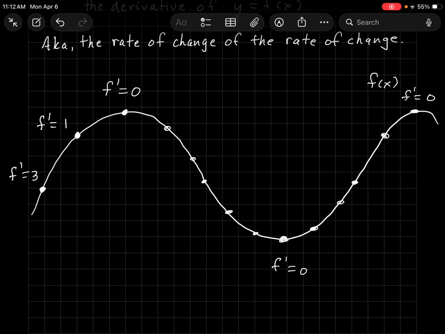And then I'm going to plot some values over here, and again, I don't need to be correct, but just kind of relatively correct. Let's see if you agree with my values as I write them. Just plug in the values, what I think f prime might equal based on the other values that I chose.